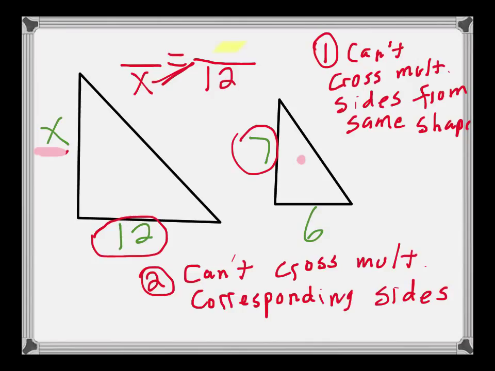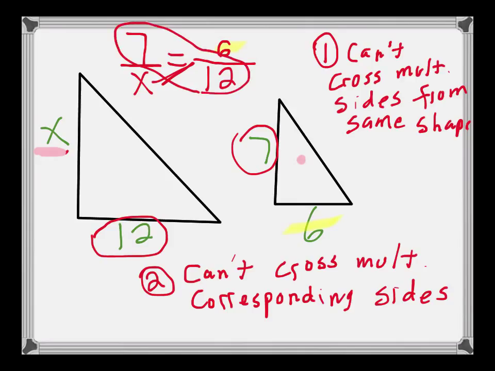I can't put 7 in the top right, so I'm going to put it somewhere else. What can I cross multiply with x? 6. Okay, so I'm going to put 6 right there, if my computer will let me. Sometimes it won't, sometimes it will. Okay, there we go. Now I can cross multiply and divide.